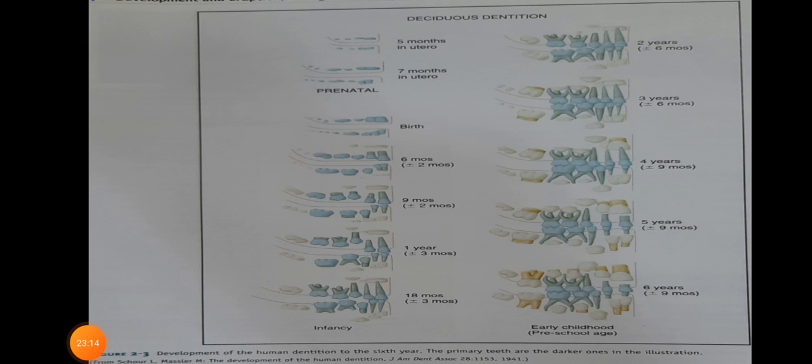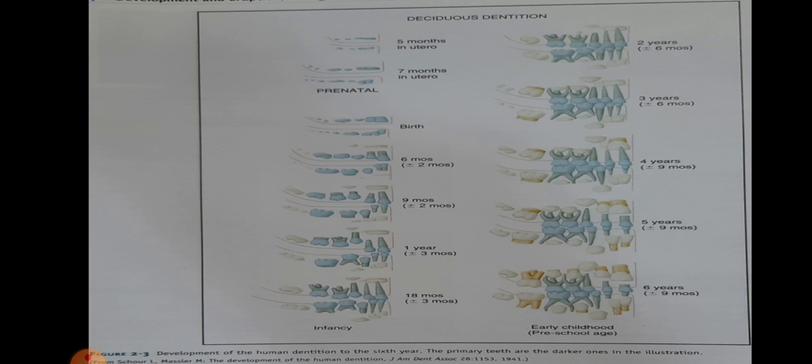The emergence of the primary dentition through the alveolar mucous membrane is an important time for the development of oral motor behavior and the acquisition of masticatory skills.